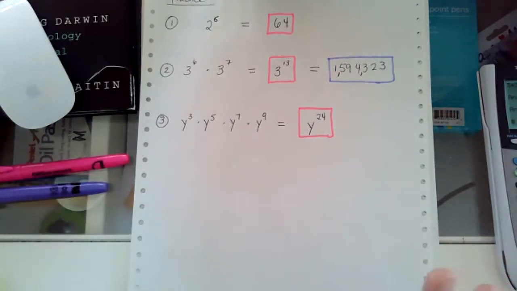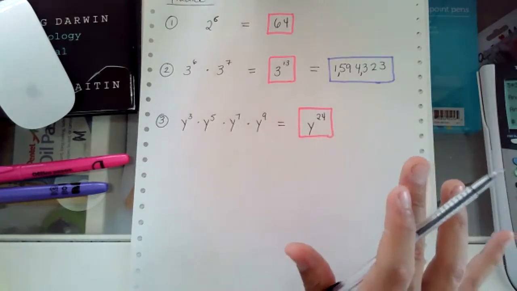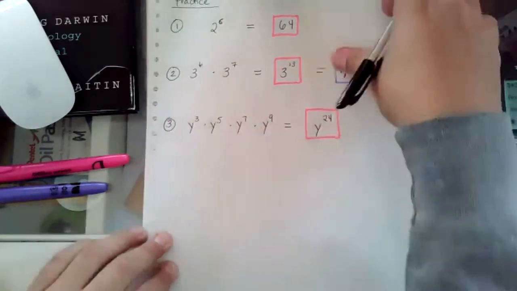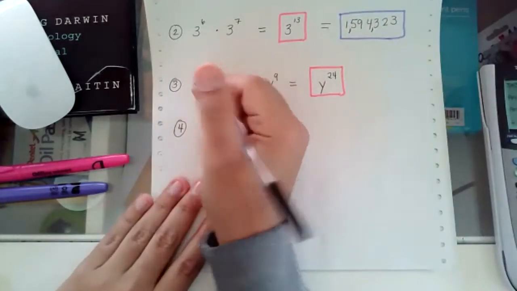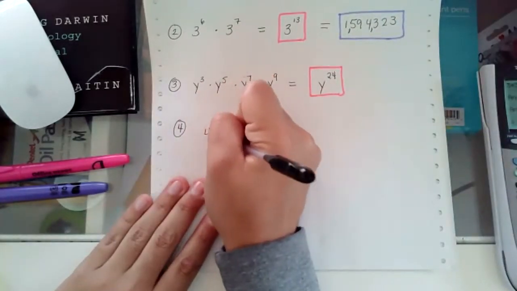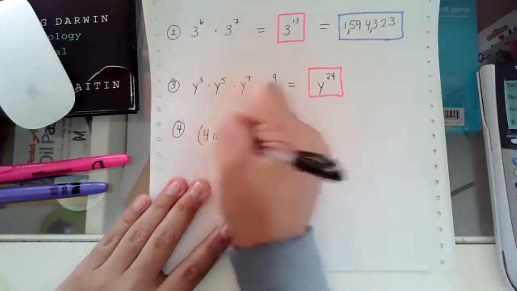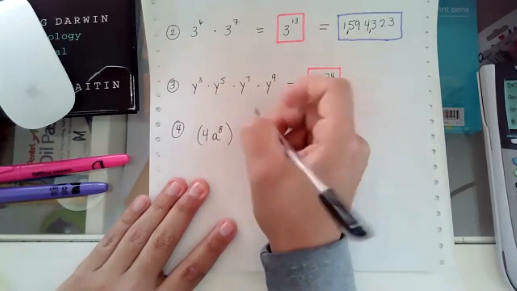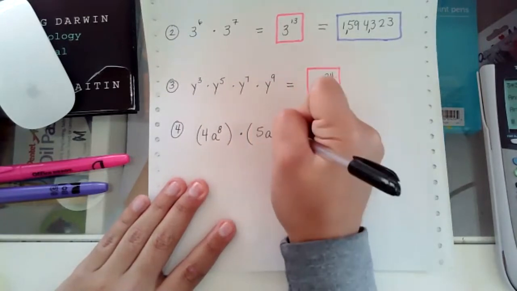You guys have any questions about that? Does this seem pretty okay so far? Okay, I want to give you another example. I want you to think about it. What about 4a to the 8th power times 5a to the 7th power?